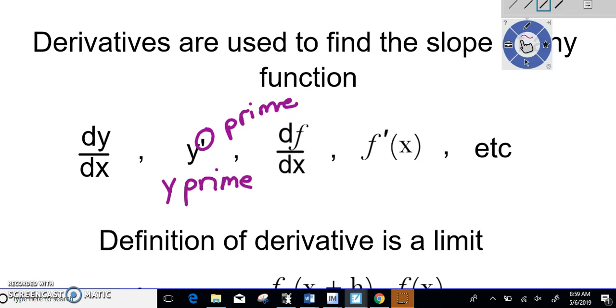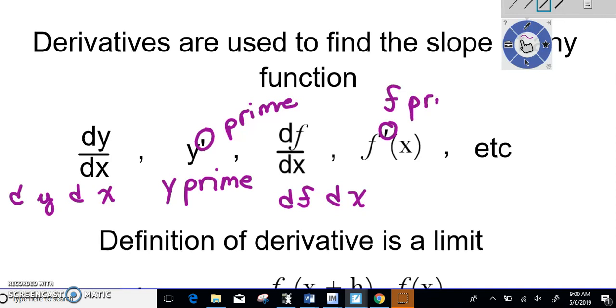That's y prime. The first one is called dy dx. Second one is df dx. And then the fourth one is f prime of x, and that's prime again. This is f prime of x.